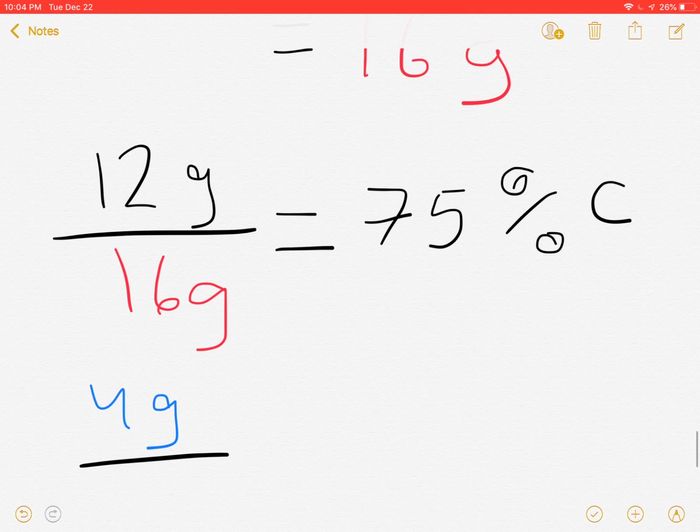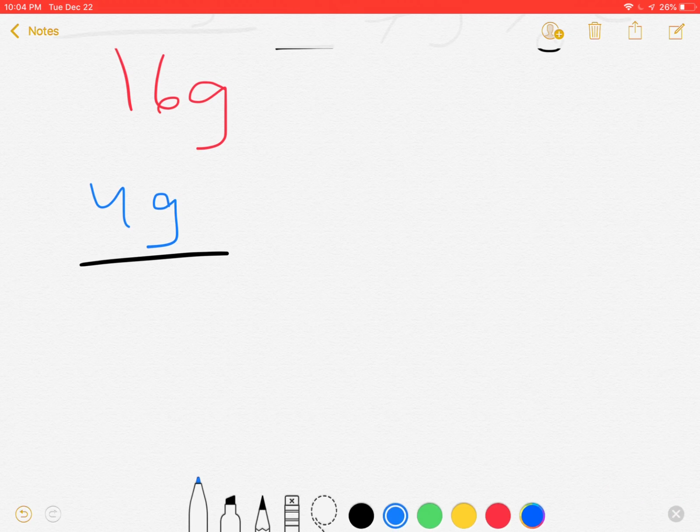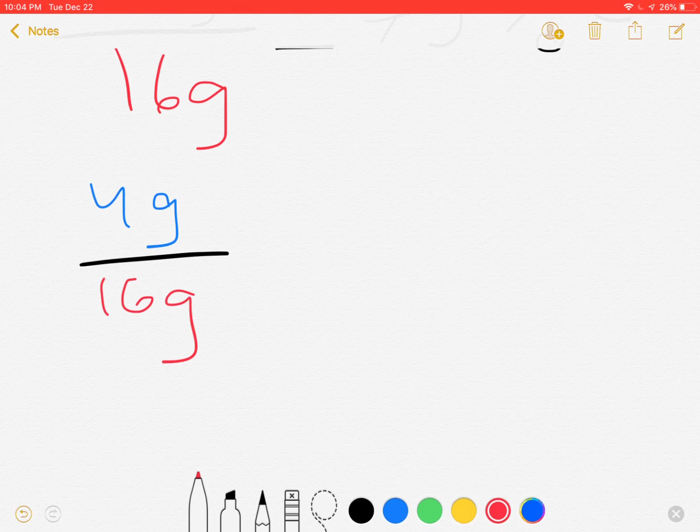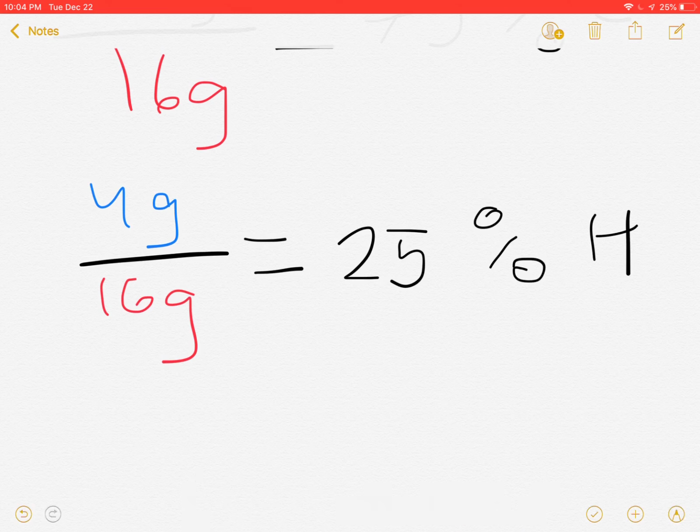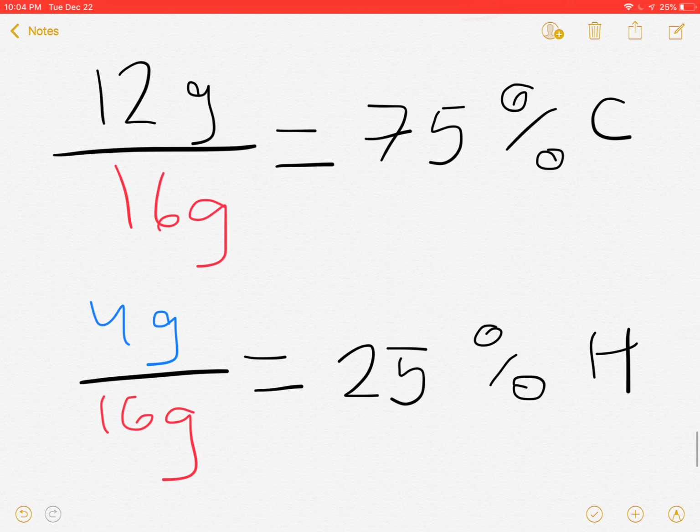So we have 4 grams, divide that by the total mass of CH4, and that gets you 25% hydrogen.